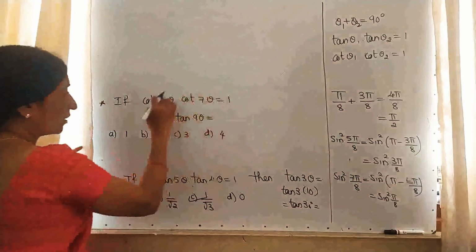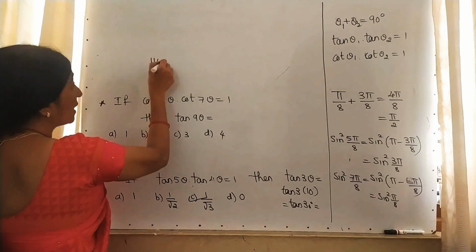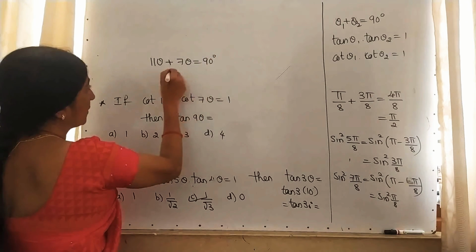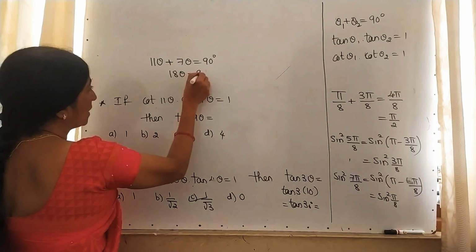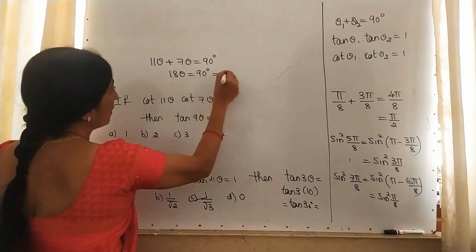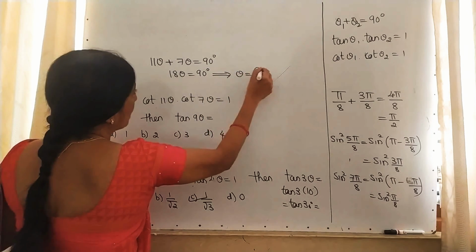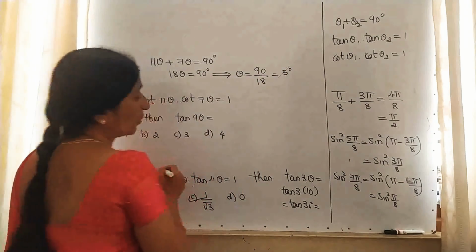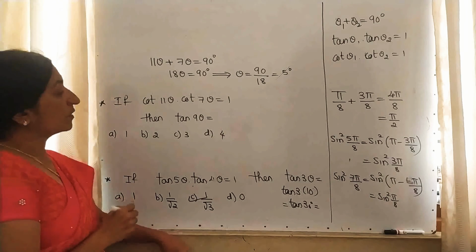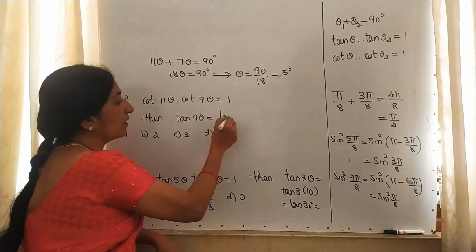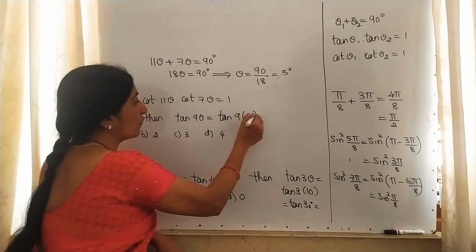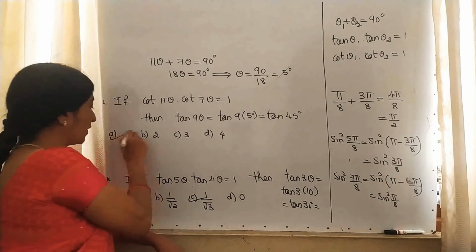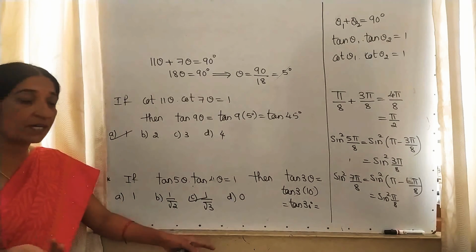So that we are using here. Here indirectly it is given 11 theta plus 7 theta is 90 degree. 18 theta is 90 degree. Then what is theta? 90 by 18. It is 5 degree. Correct or what? So now it is tan 9 into theta, 5 degree, tan 45 degree, and tan 45 is 1. See, so simple tricks we have.